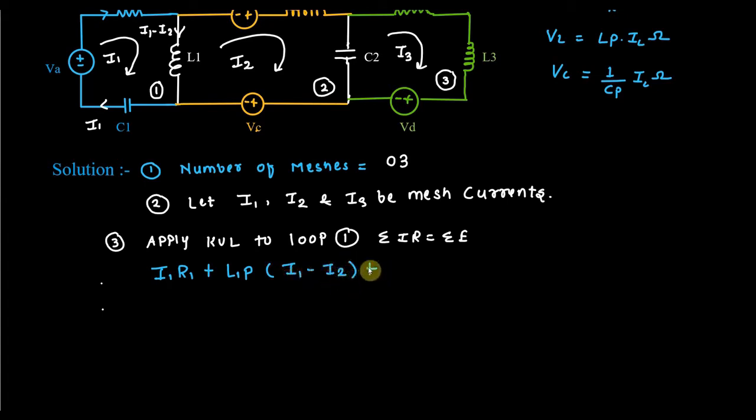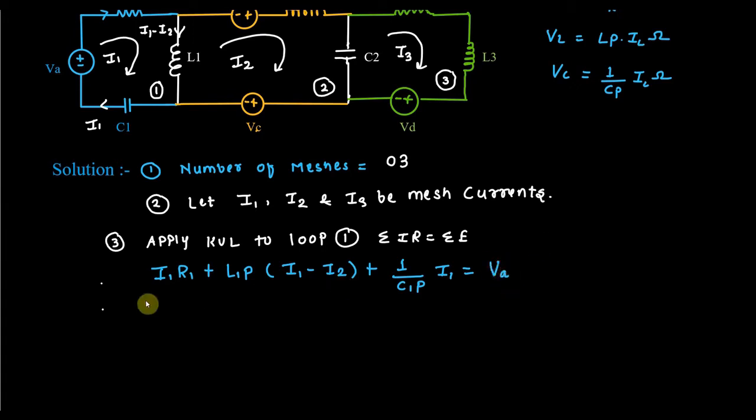Plus, there is another element, the capacitor. How do we write a capacitor? 1 upon Cp, so it will be 1 upon C1P. And what is IC? IC is the current through the capacitor, which is I1. And this should be equal to the voltage, and for the voltage we have to take account of the sign. So when you see that it is negative it will become positive, so definitely it is positive VN.